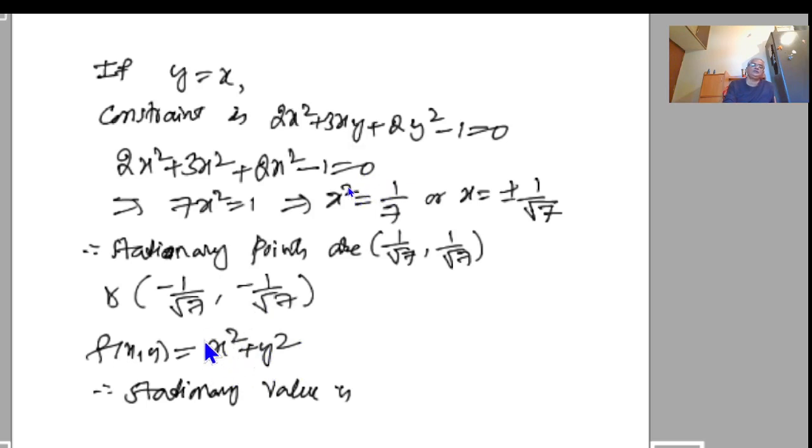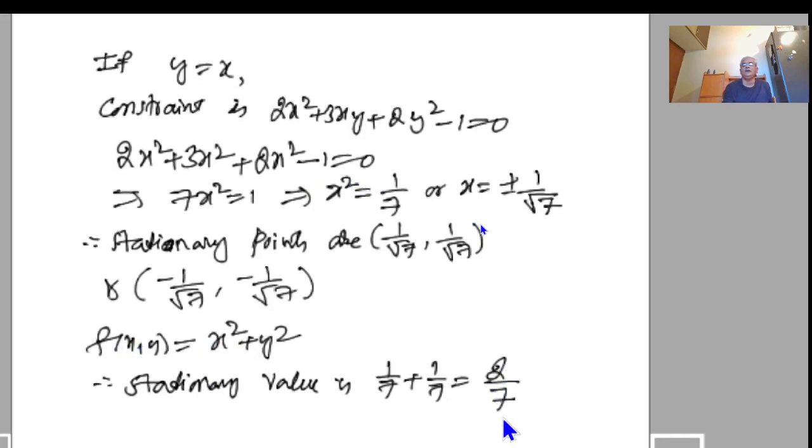Whatever may be plus or minus root 7, this value is equal to 1 by 7, plus here also y value is plus 1 by root 7 or minus 1 by root 7. Again this becomes 1 by 7. So this is equal to 2 by 7. At these two points, the value of f of x y is 2 by 7.